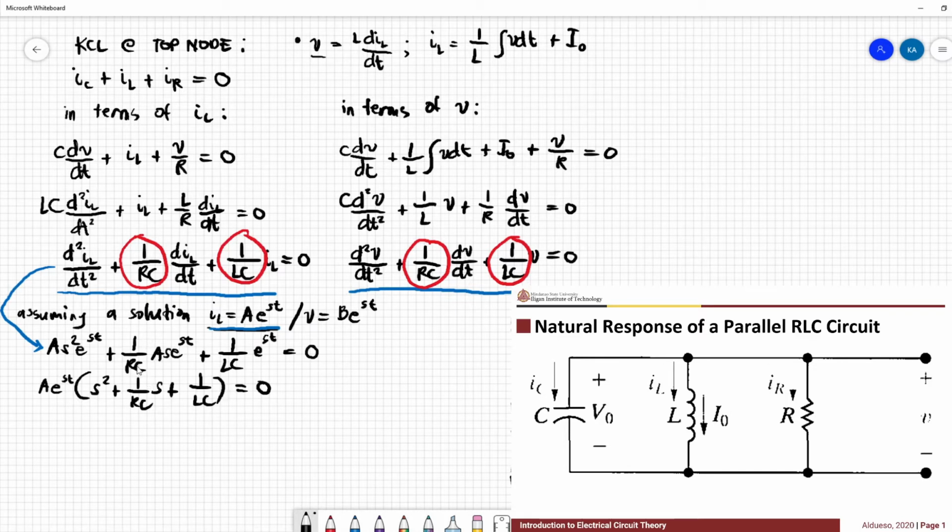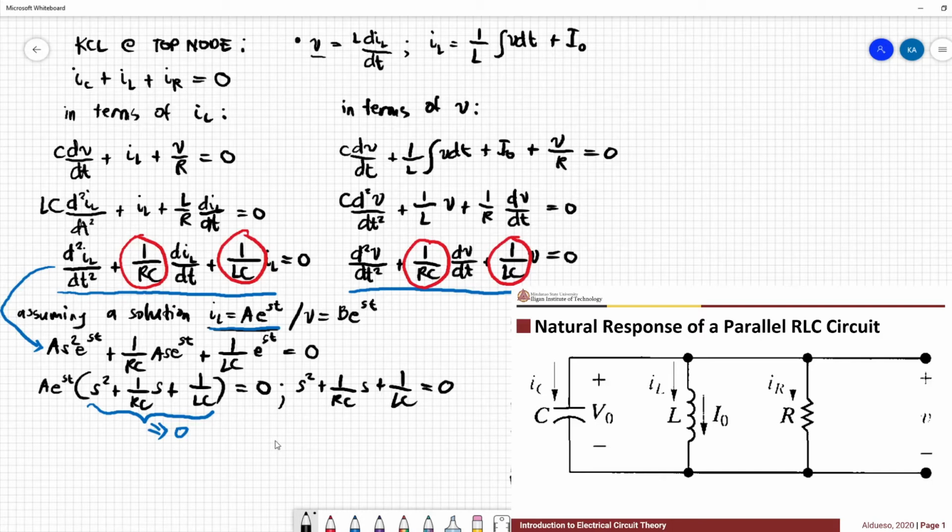For this solution to be true, this right here should be equal to 0. So we have s squared plus 1 over RC s plus 1 over LC equal to 0.